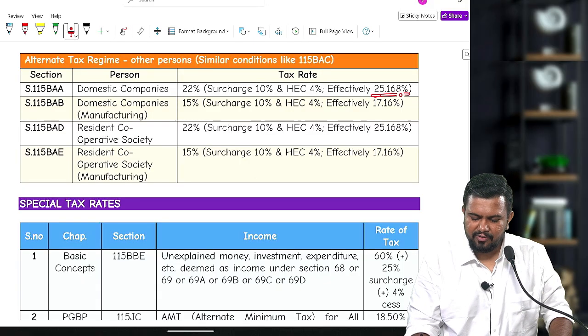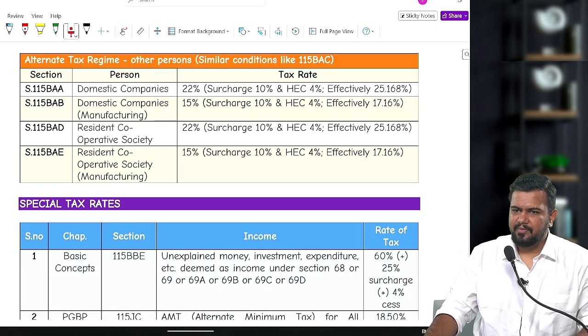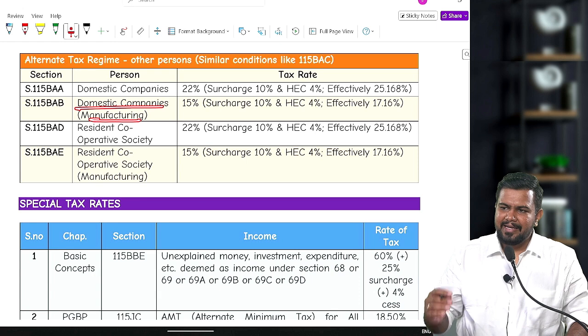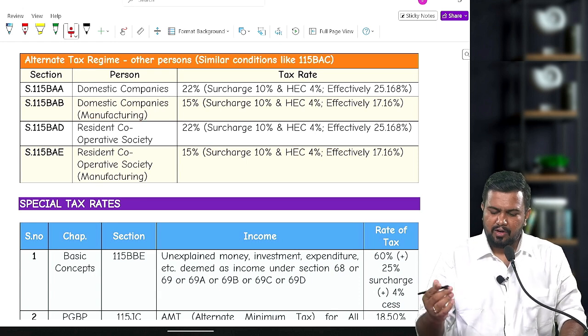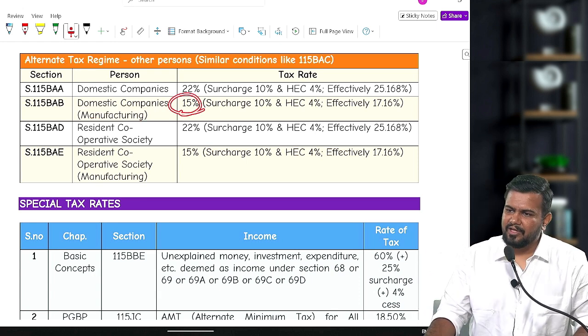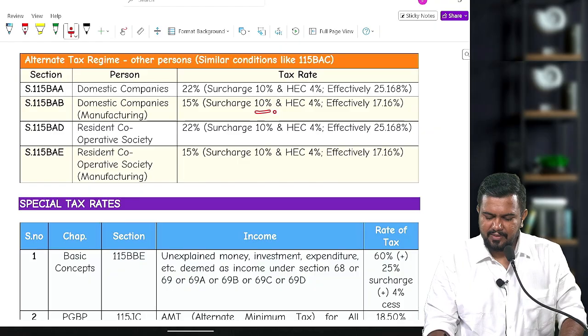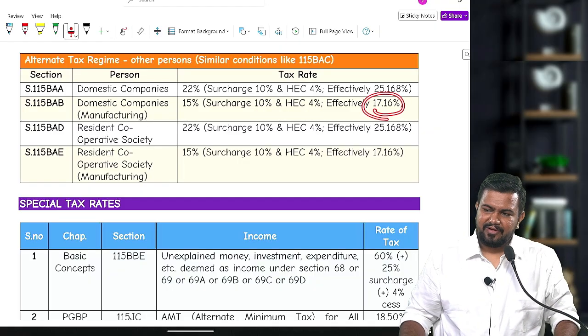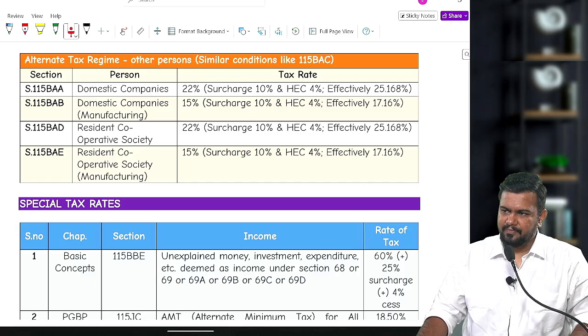So effectively it will become 25.168%. But if the domestic company is engaged in manufacturing, they can opt for a 15% concessional rate plus 10% surcharge plus 4% health and education cess, effectively 17.16%.